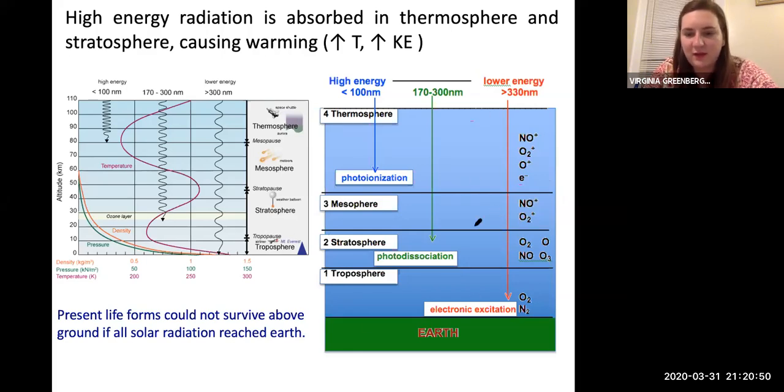And we get some of that happening in the mesosphere, but then here in the stratosphere where the UV light is absorbed, we would start to see the photodissociation as we calculated on the previous slide, where we start to break bonds. Okay. And then here, visible light contributes to these electronic excitations, and then IR light contributes to vibrational modes and having molecules bend differently along their bonds.